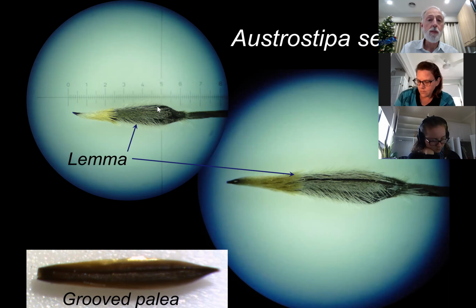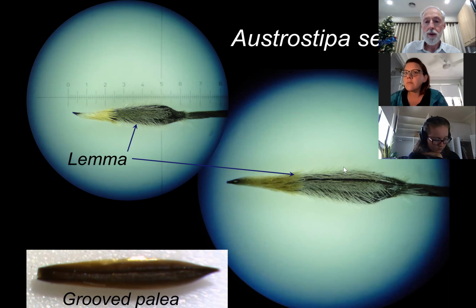This part would also be black, but it has some features that are different from Austrostipa setacea. And here's one of them. If I roll that around a little bit, you'll see that the lemma wraps around there, and it's got two edges on it with a groove down the middle.